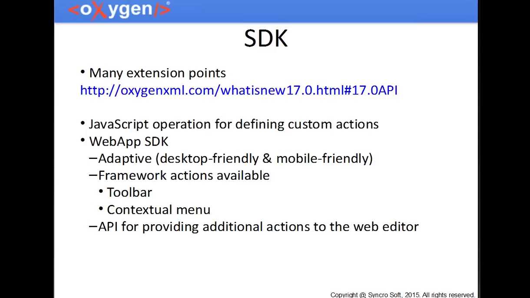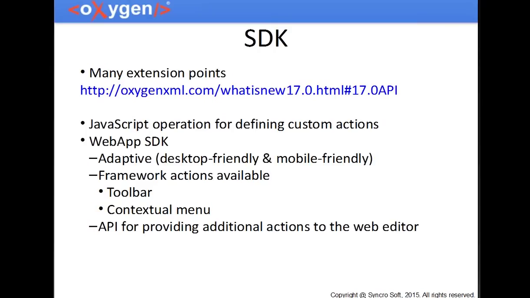What's more interesting, in the author mode you can now have JavaScript operations. Normally an author action was based on different operations like inserting an element or removing an attribute, and these operations had to be Java.